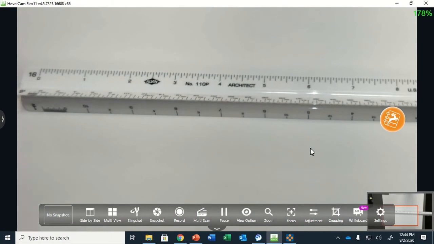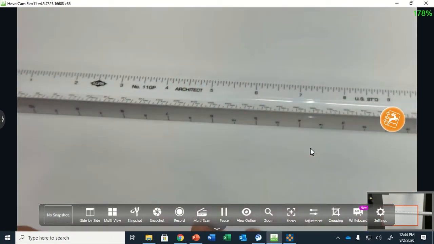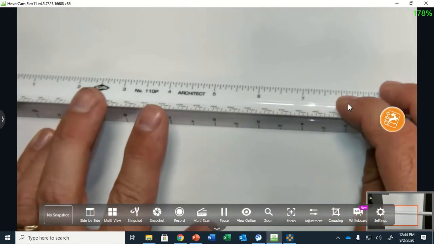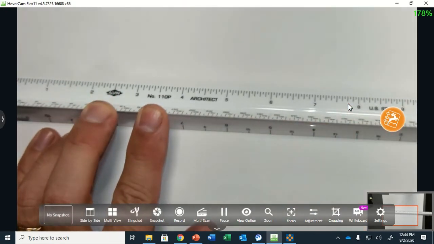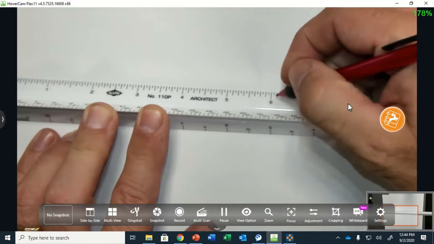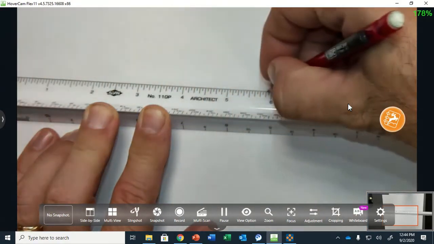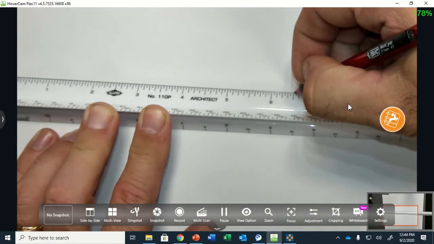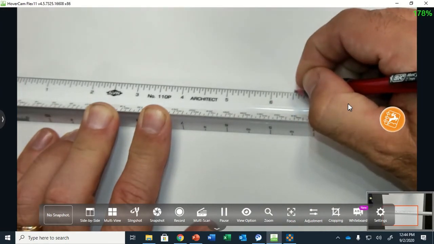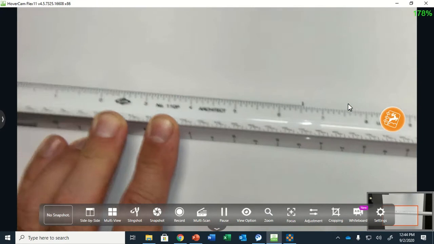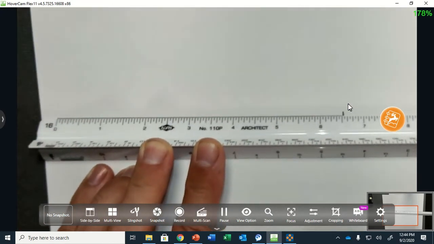Slide this over. 6, what do we want? Okay, 6. So I'm going to draw a line from 0 to 6 and 17/32 of an inch. Right there. Okay? Alright, let me just autofocus in.